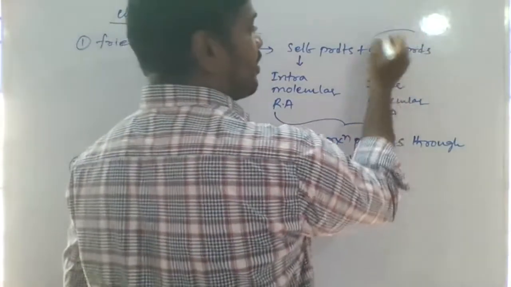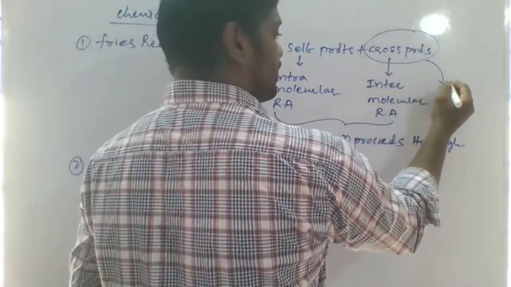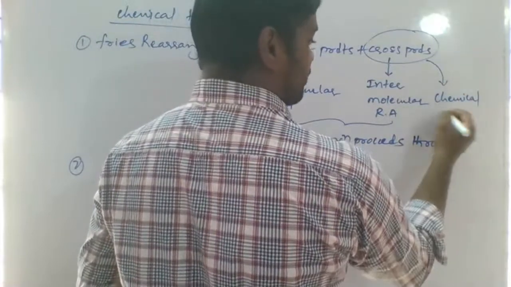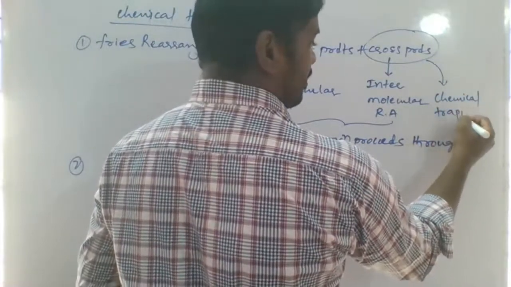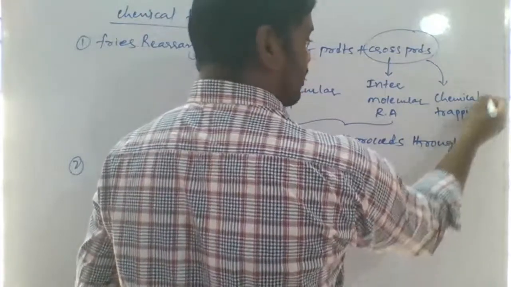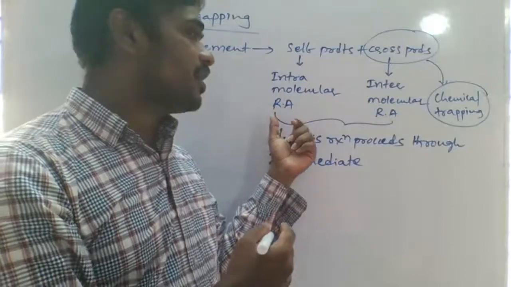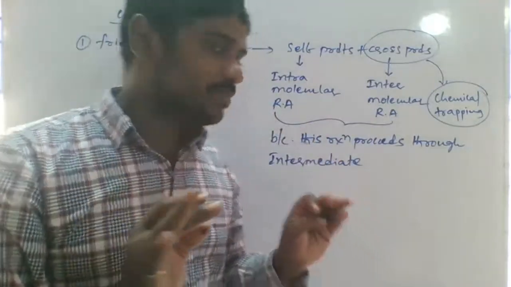Whenever cross products are formed, chemical trapping takes place. Chemical trapping is possible. Here self products mean intramolecular rearrangement, and no chemical trapping takes place.